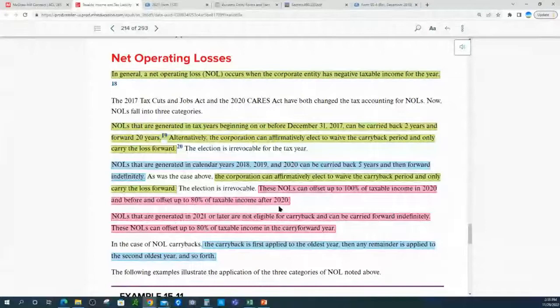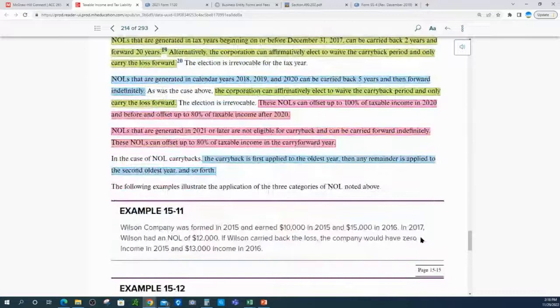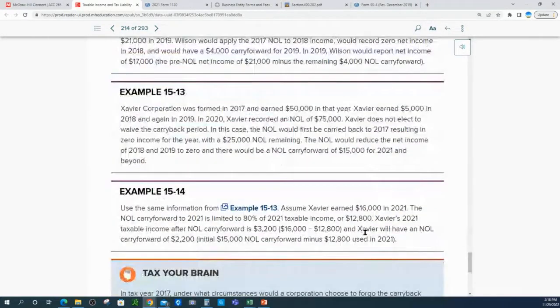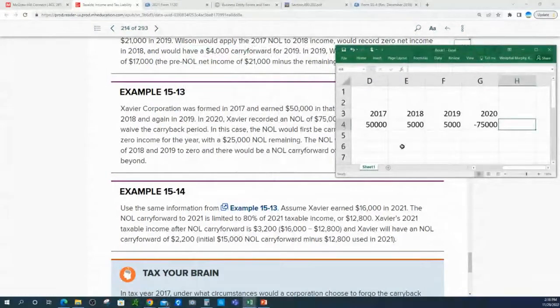So this was generated in 2020. Carry back 5 years and then forward indefinitely. 100% of taxable income in 2020 and before, and offset 80% after 2020. Okay, so we can offset 50,000.